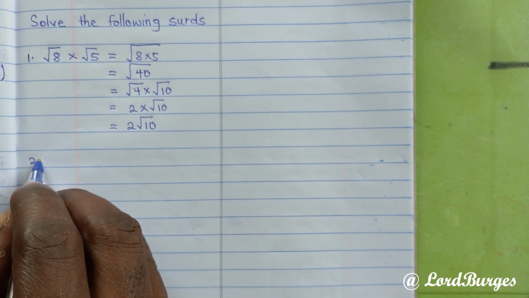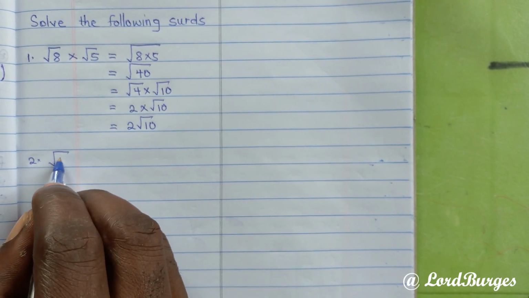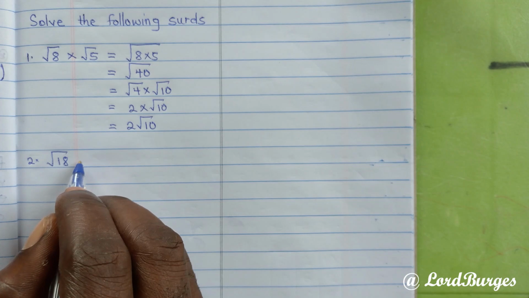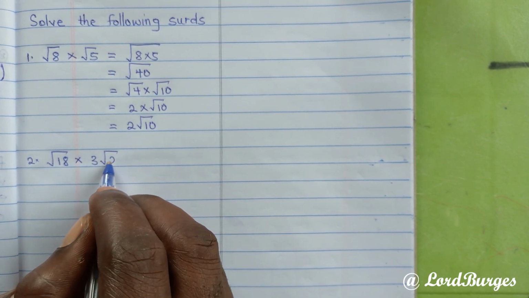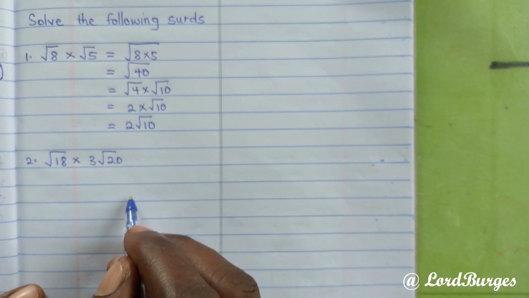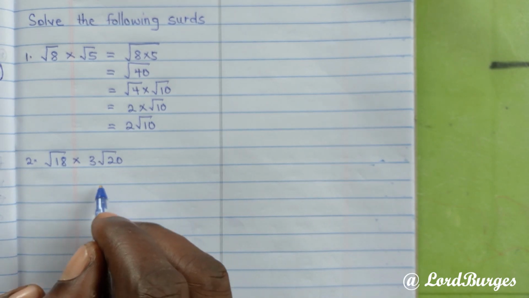What if I have number 2? That is root 18 by 3 root 20. Root 18 by 3 root 20.